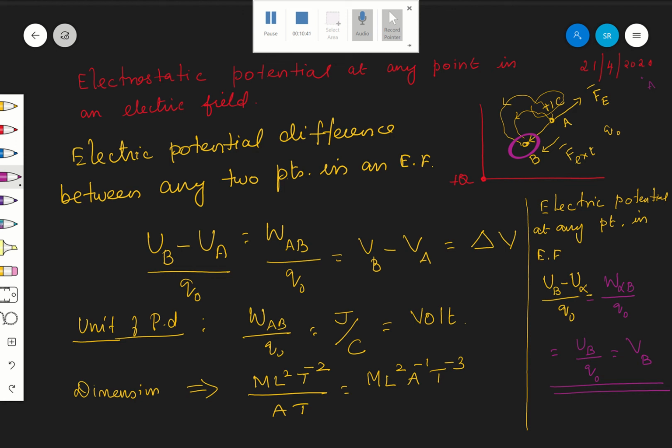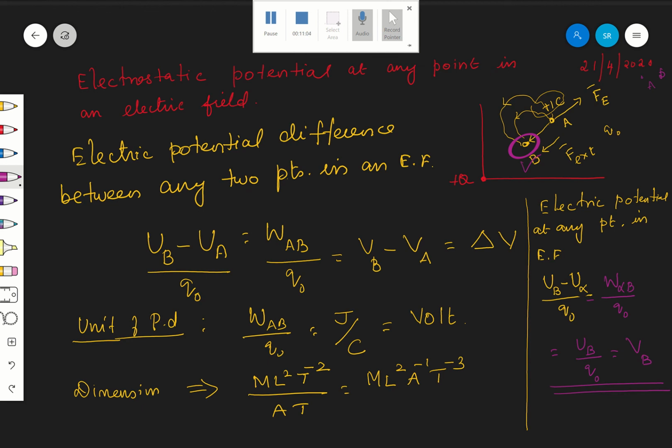Therefore, electric potential at any point in electric field is defined as the work done by the external force in moving a unit positive charge from infinity to that point without acceleration.